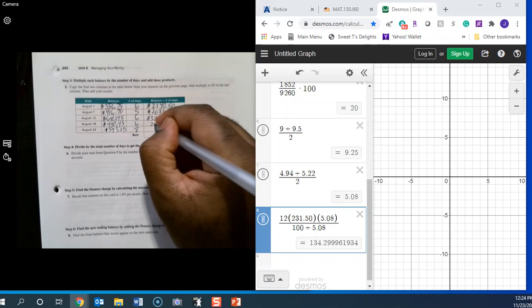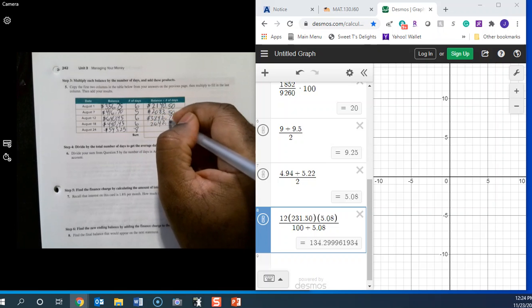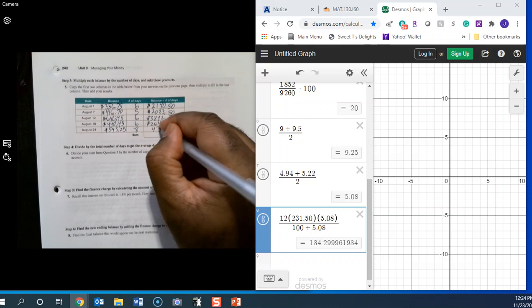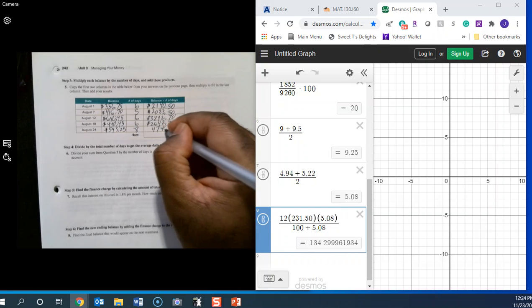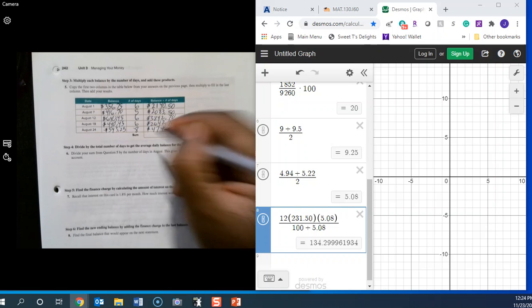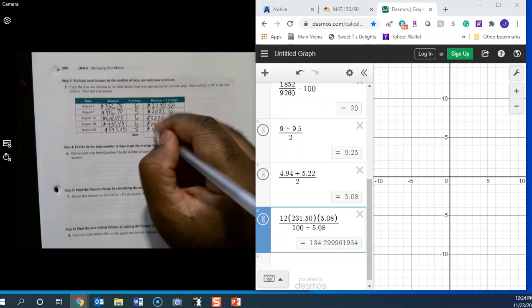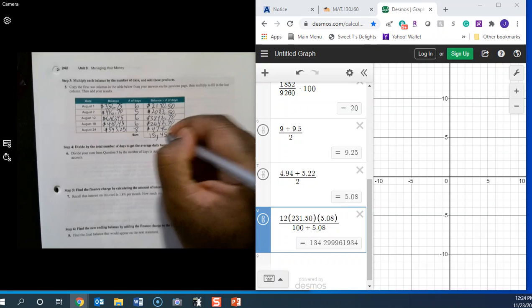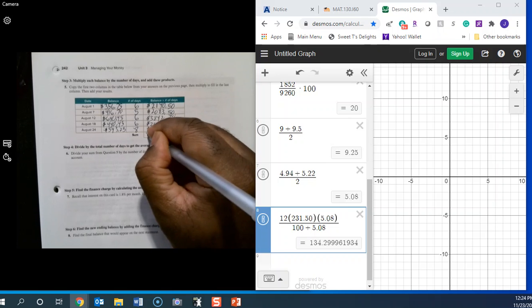Then $2,642.70. And then this will be $4,746. And then when we add all of this up, it will give us $15,455.40.